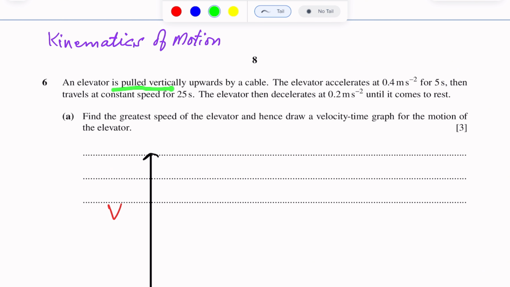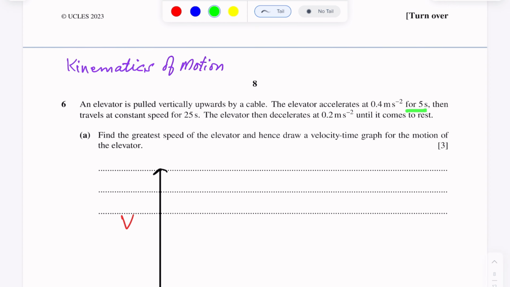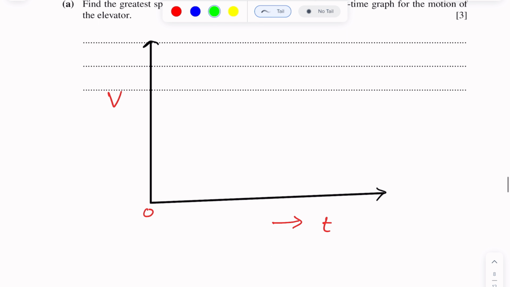An elevator is pulled vertically upward by a cable. The elevator accelerates at 0.4 meter per second square for 5 seconds. So for this we draw a straight line from the origin.